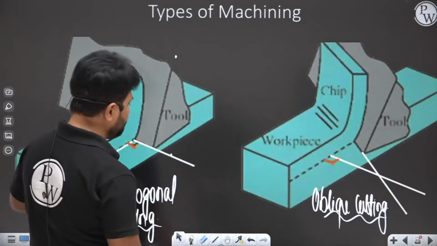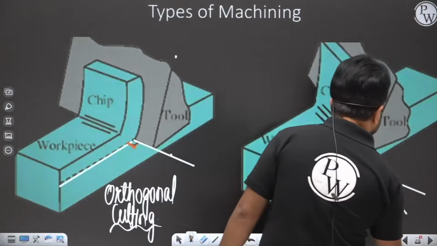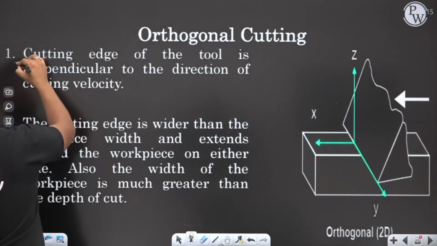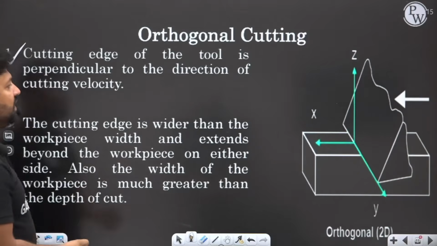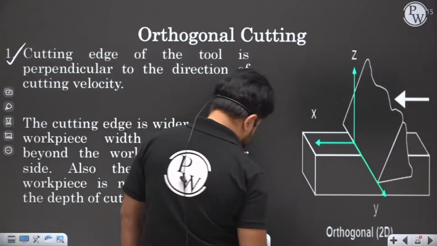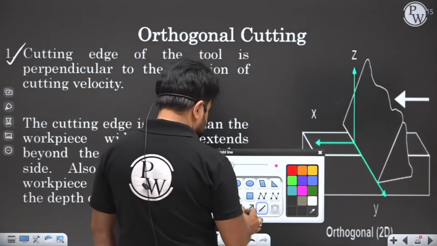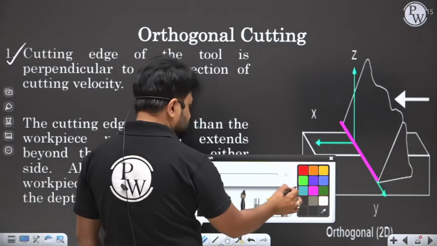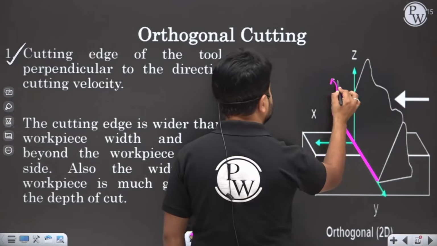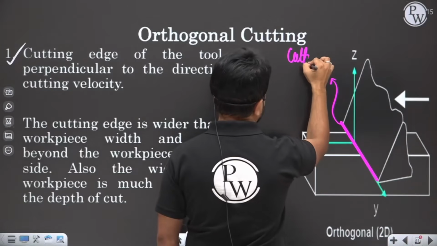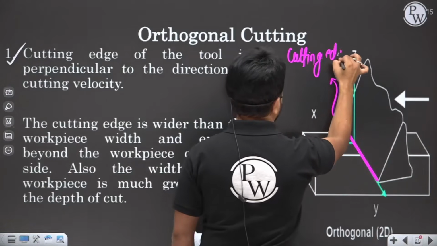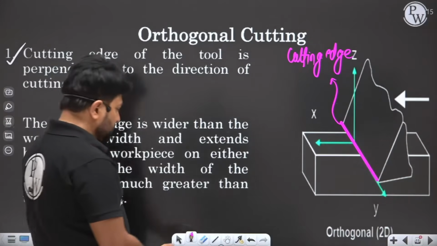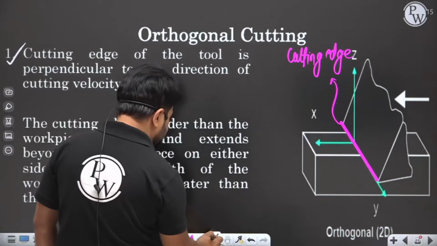The first assumption is that the cutting edge of the tool, as you can see, this is the cutting edge, should be perpendicular to the cutting velocity.